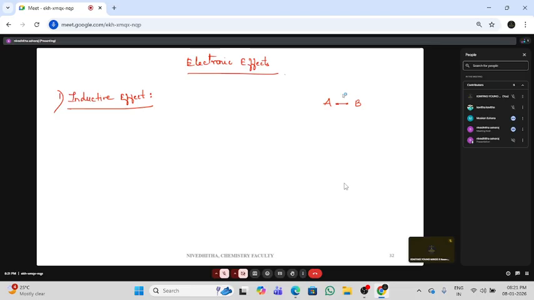But if the electronegativity difference is very huge, one atom has high electronegativity and the other has very low electronegativity, then the atom with the highest electronegativity will pull the electron towards itself. It will attract the bonded electrons towards itself.